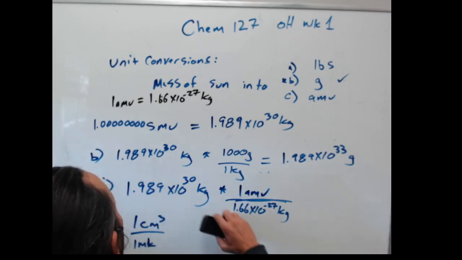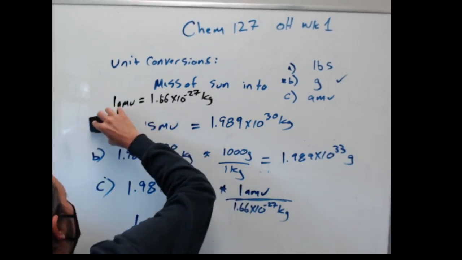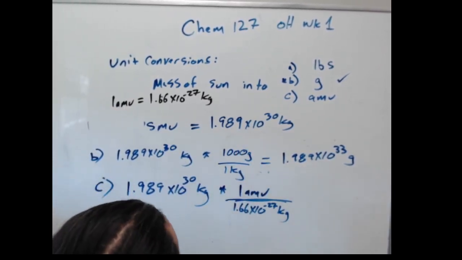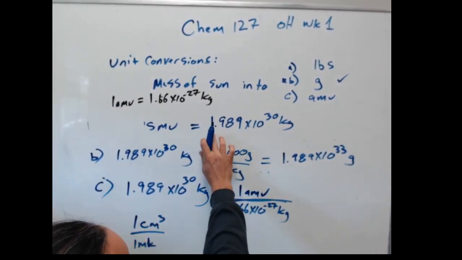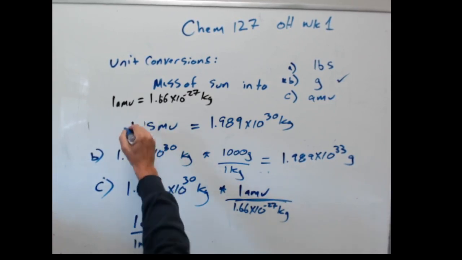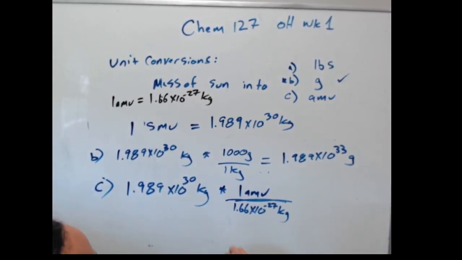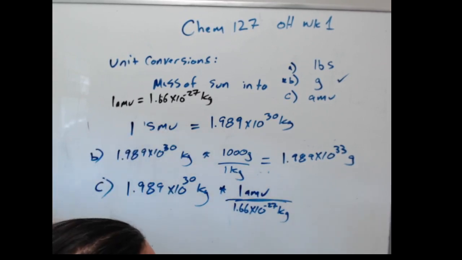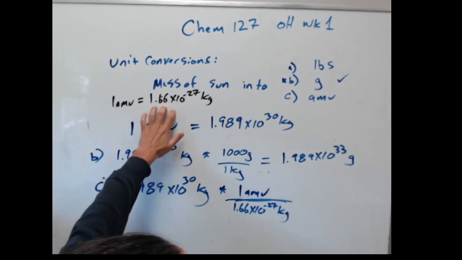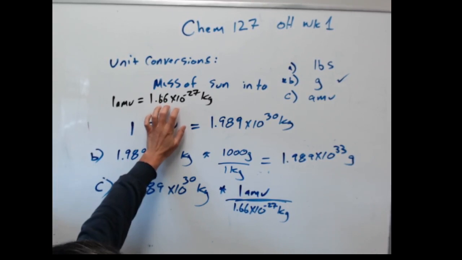So the place where our limitation is going to come in is this conversion that we're using here. I'm going to be limiting myself to 1, 2, 3, 4 sig figs through this entire calculation. Technically, because I only used the 1.66 here, I could probably grab another 2 digits because this number is known to higher precision.